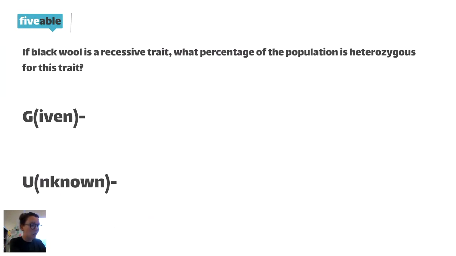The thing that we do know, though, is that the 4% of the population that is black, they have to be homozygous recessive. Otherwise, they're going to look white. The only reason that you have that black wool is if you are homozygous recessive. Remember, homozygous recessive is equal to Q squared. That is just always true, no matter what.